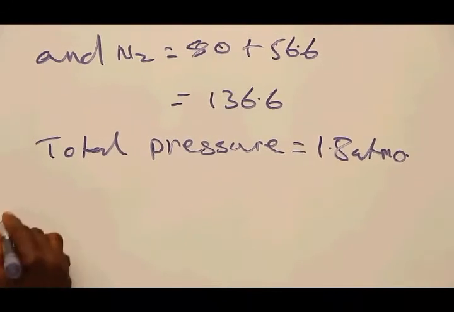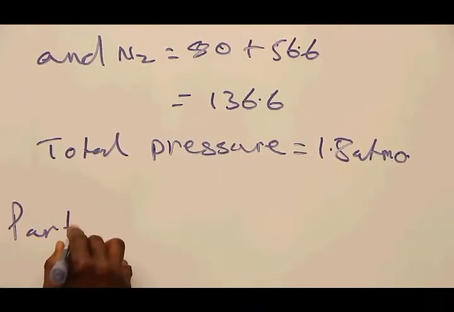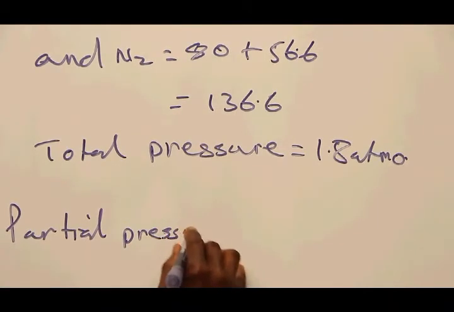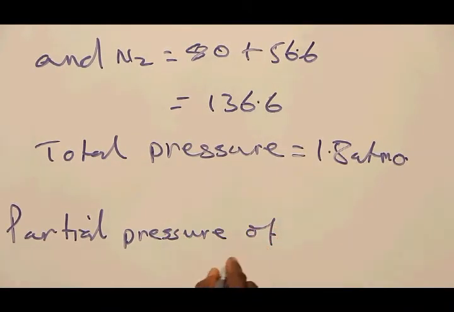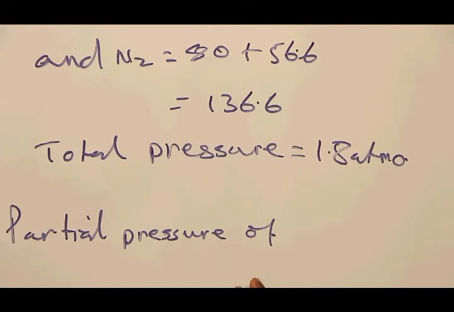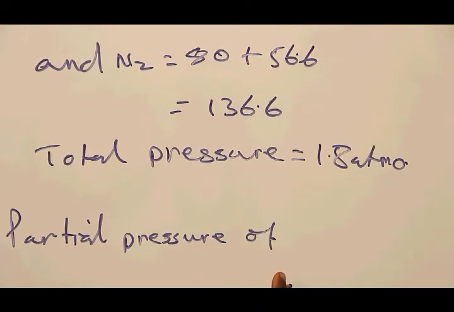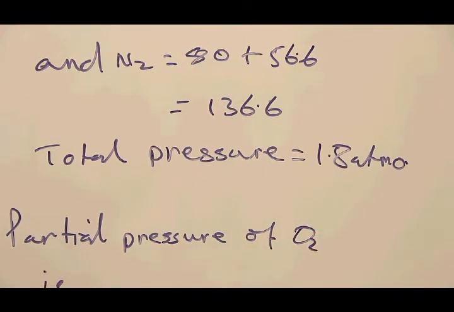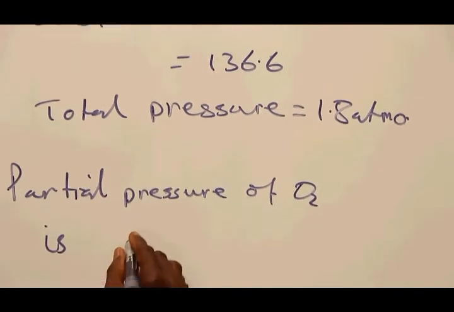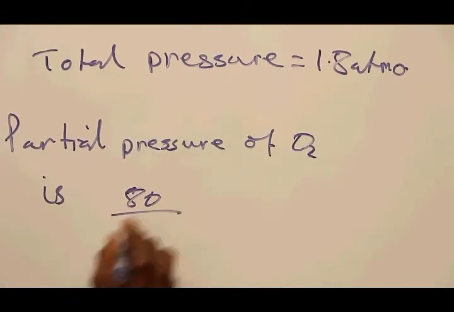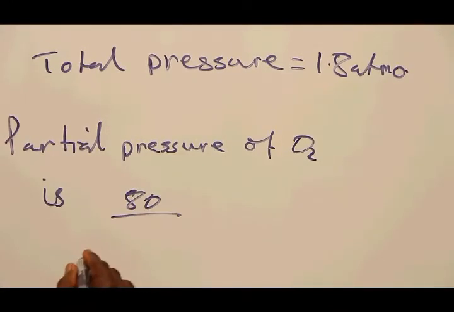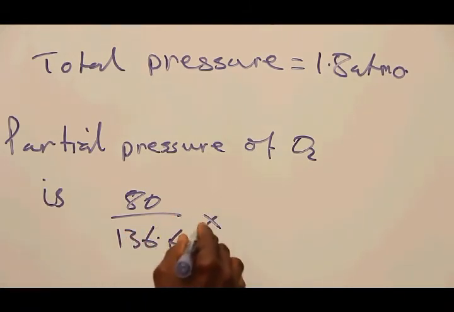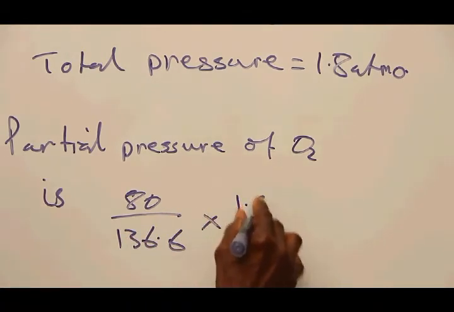So therefore, the partial pressure of oxygen is the mass of oxygen, divided by the total mass of oxygen and nitrogen, multiplied by the total pressure exerted by both gases, 1.8.